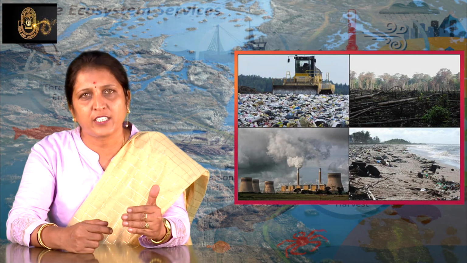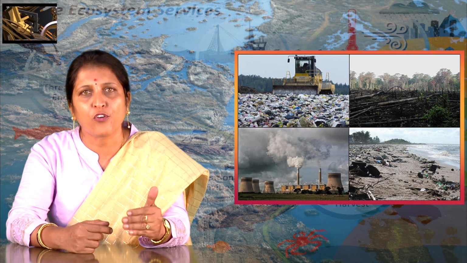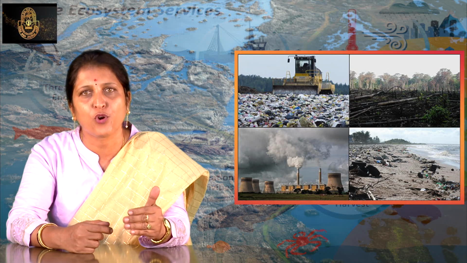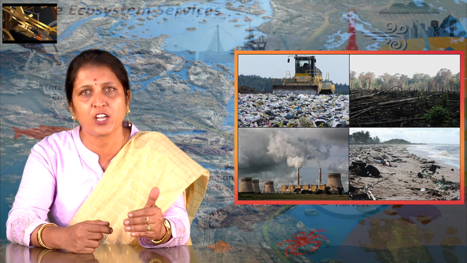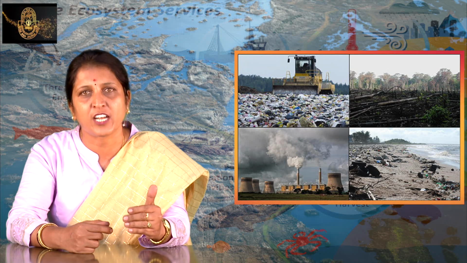And the last factor is human impacts. Human impacts examines the impacts of human activity such as climate change, pollution, overfishing and coastal development on the structure and functioning of marine ecosystems and developing strategies to reduce these impacts.